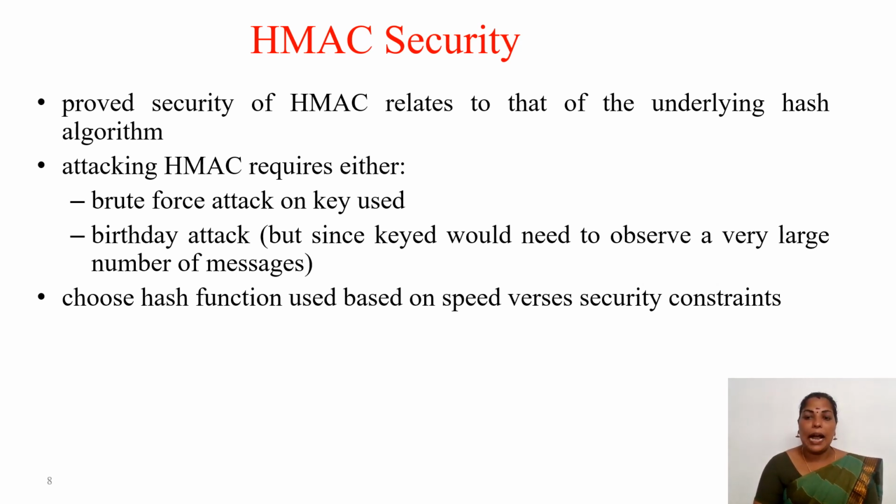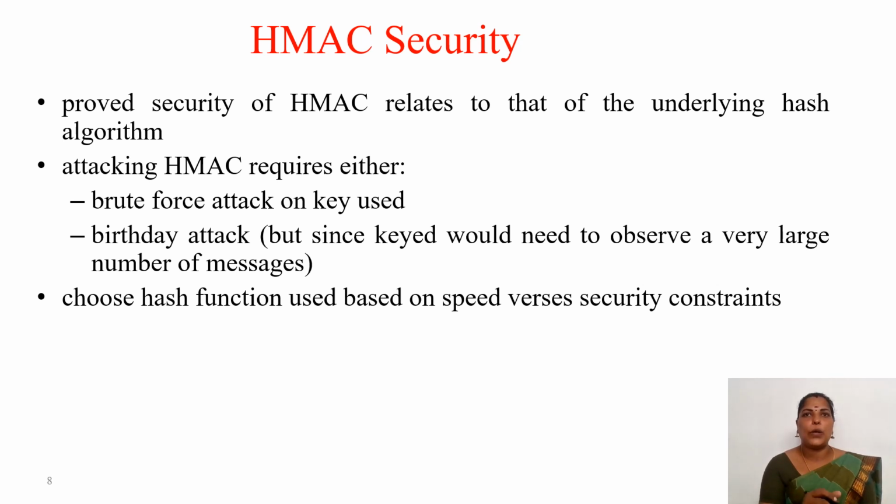In the hash function we have seen the birthday attack, so that attack is also possible here. But we always have to choose a hash function based on speed versus security constraints. Why are we going in for HMAC? In order to provide something faster, because the hash function will perform faster, so we are just combining the hash with the MAC. But always keep in mind that we have to choose a hash function that balances both speed and security constraints.